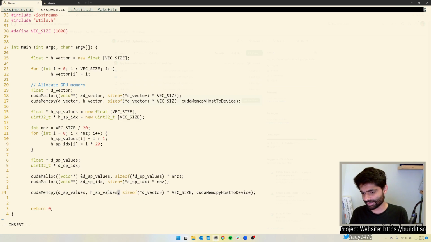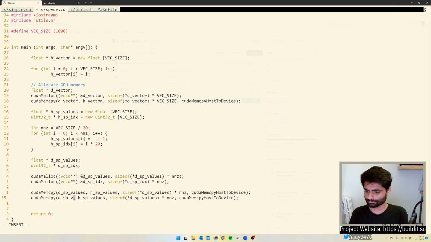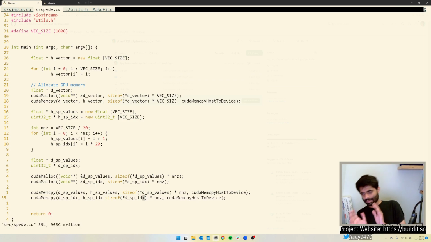I could probably write some utility functions to manage data better, but I'm not going to do that for now. There we go. We have copied both the sparse array and the dense array into the GPU.